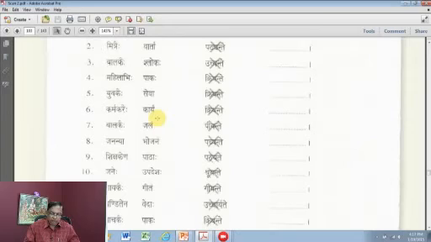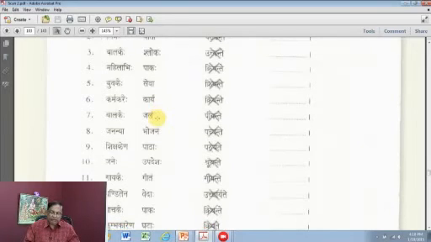Yuvakaihi seva kriyate is the correct verb. 6. Karmakaraihi karyam kriyate. Karyam is singular, therefore kriyate, work is done by the workers.